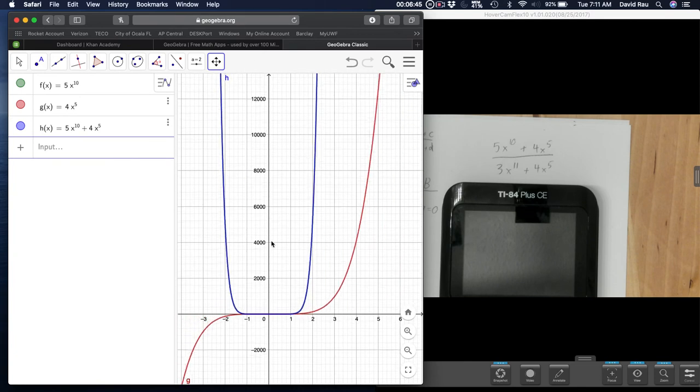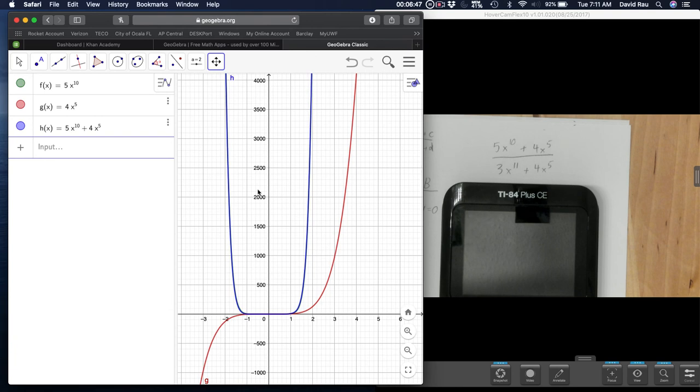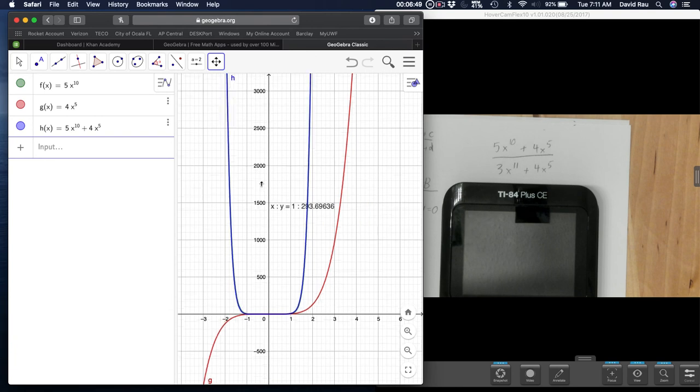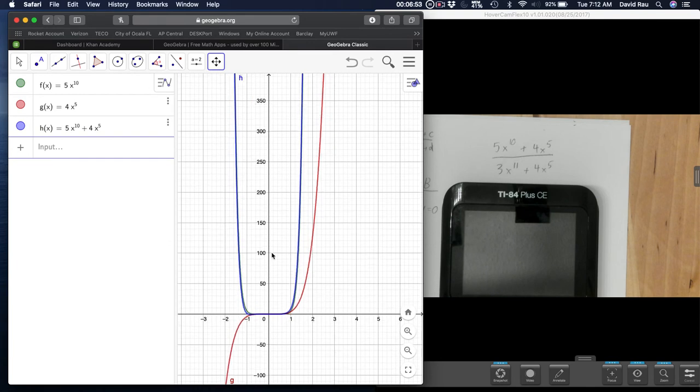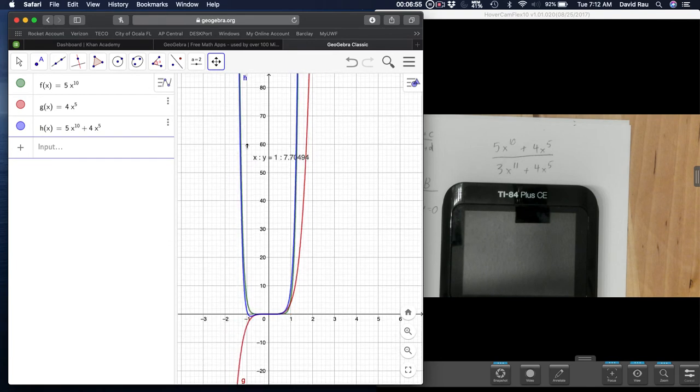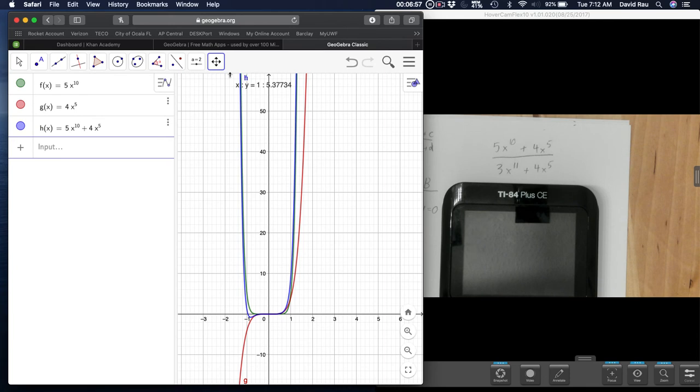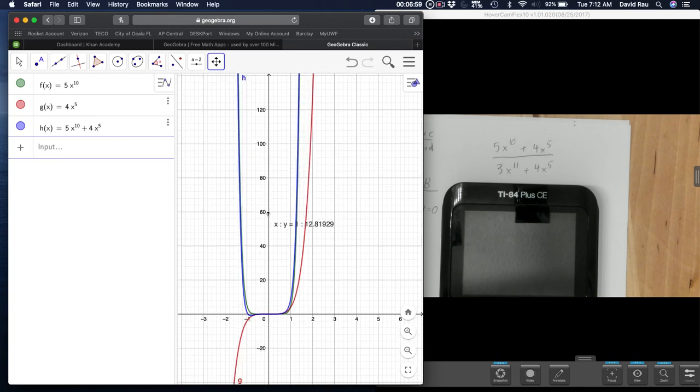I don't even see the green. Where did the green go? Oh, actually, I think I see the point. If you look at this, the green and the blue are almost right on top of each other. In other words, they're almost the same value.